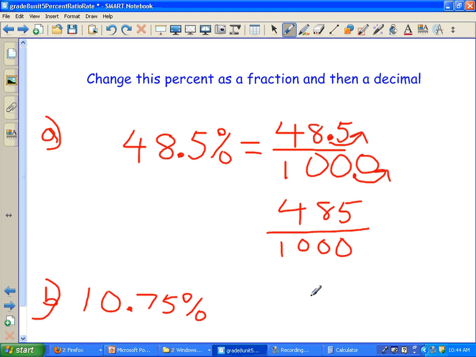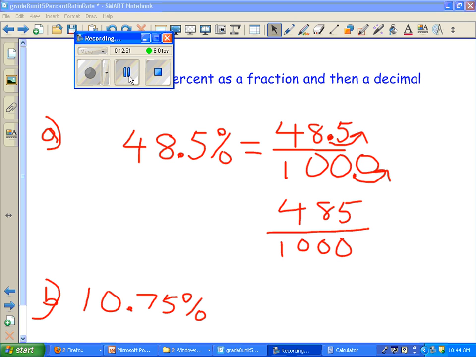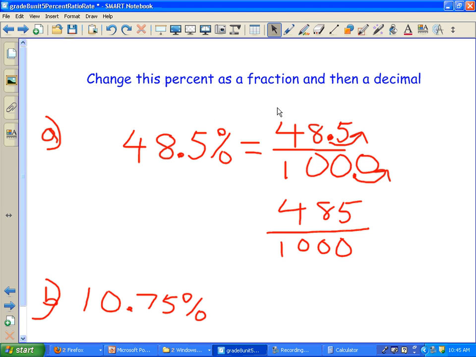So now we have it written out of 1,000. Okay, now that we have it written as a fraction, it's real easy to change any fraction that is out of 1,000 to a decimal. Because remember, if we go back to what a decimal is, this first place is the tenths place. 2 places will be the hundredths place. 3 places is the thousandths place.